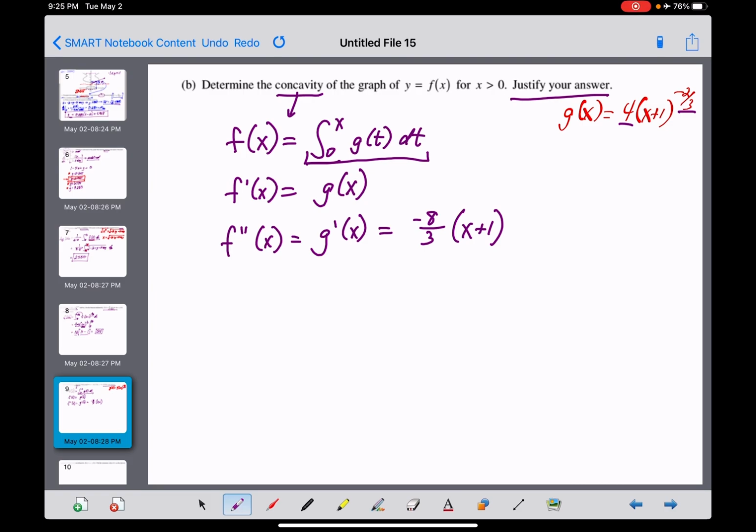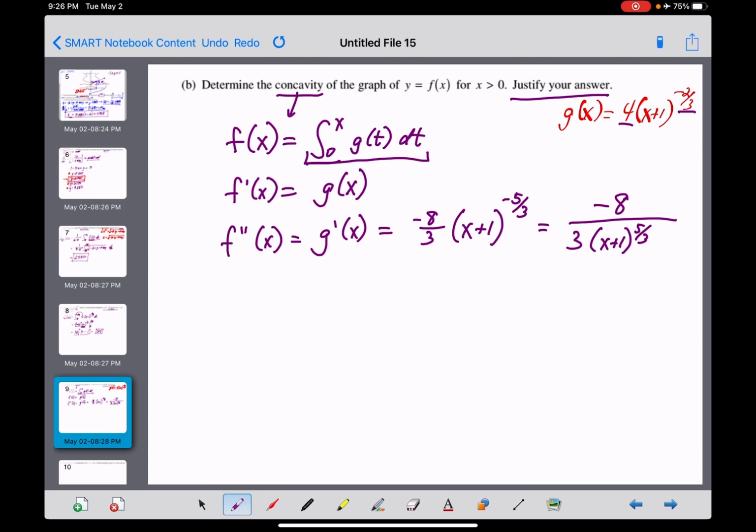We drop the exponent by 1 to make negative 5/3, and then multiply by the derivative within, which is yet again equal to 1, so we can ignore that. So we get this ugly second derivative here, guys, of, I guess the best way to write this is negative 8 over 3, and then (x plus 1) to the positive 5/3 power. That's not real pretty, but okay, that's where we're at.